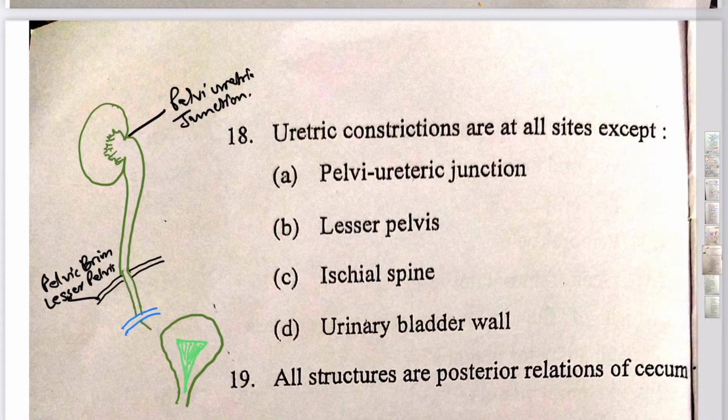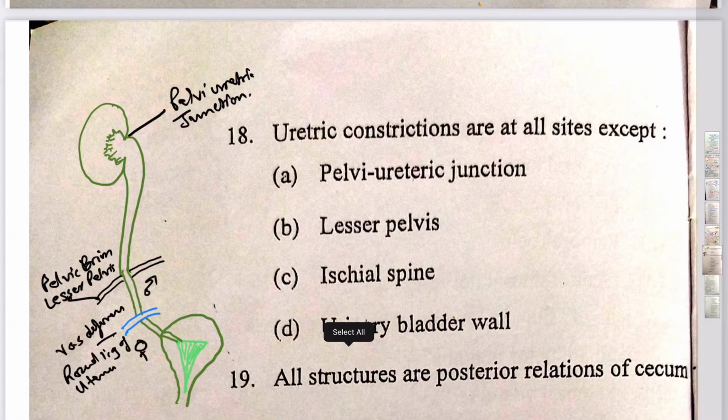Then it approaches and enters this urinary bladder with an oblique course. Because it is an oblique course, it also has to traverse the musculature of the urinary bladder. This is the vas deferens in males and the round ligament of uterus in females.